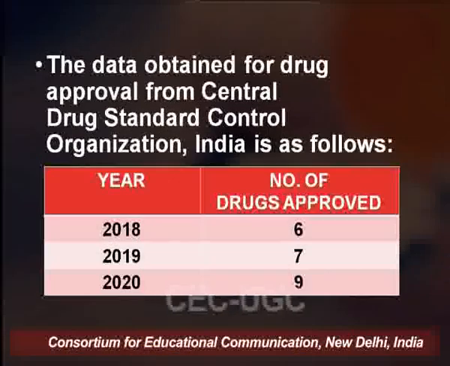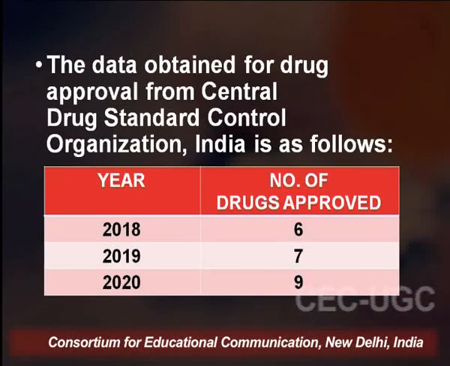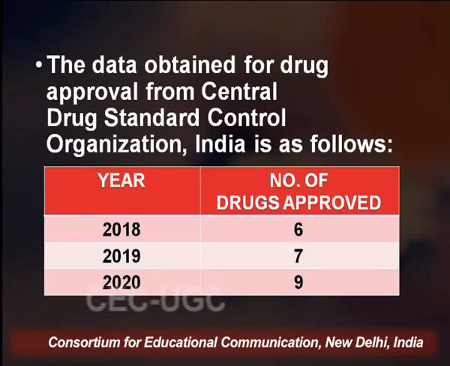This is the data obtained from the drugs approved by the Central Drugs Standard Control Organization, India, and we can say that in the year 2018 the number of drugs approved was 6, in 2019 the number of drugs approved was 7, and in 2020 the number of drugs approved was just 9.